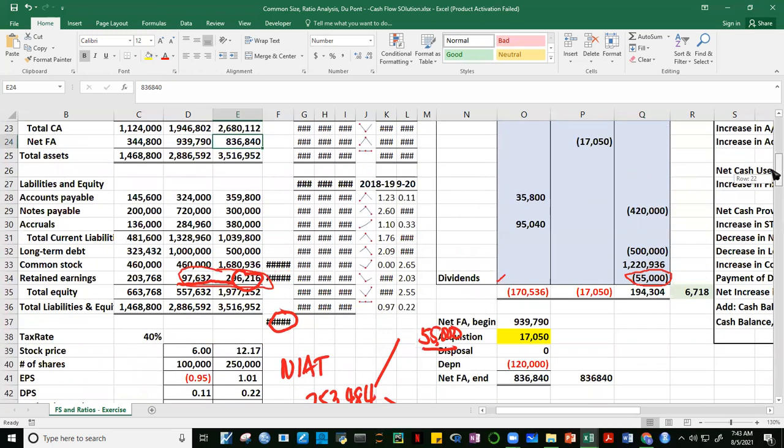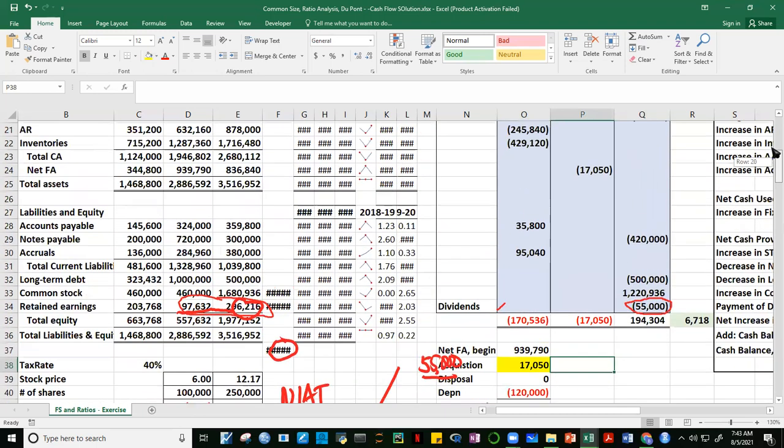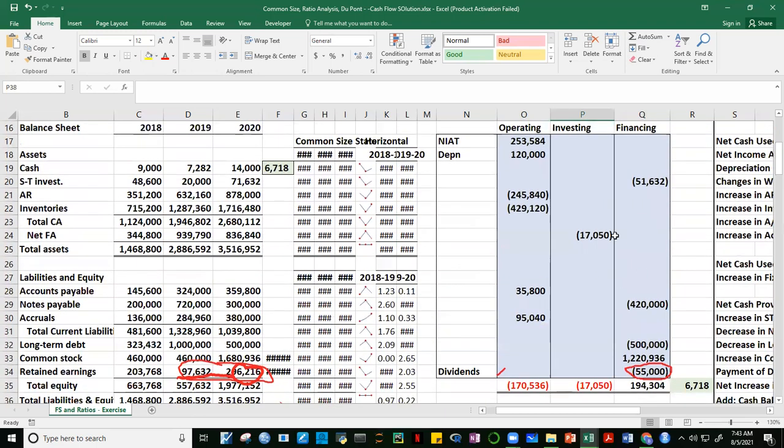We have to use the beginning and ending net fixed assets in order to compute how much was acquired. So we include disposal and depreciation. Since no disposal information was given, we assume that it's zero. Based on this, you can use goal seek, and we arrive at 17,050 as the acquisition. So that goes to investing.